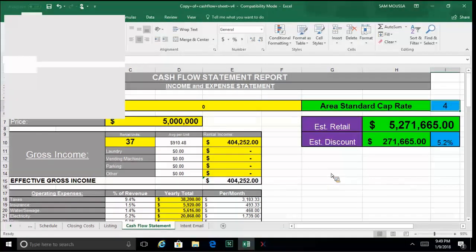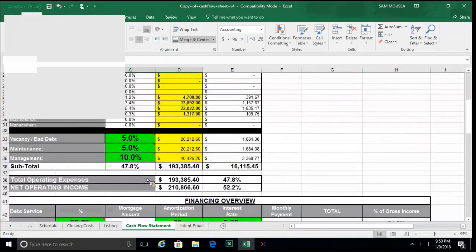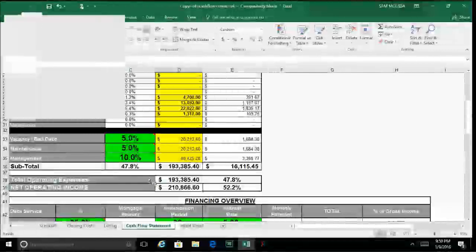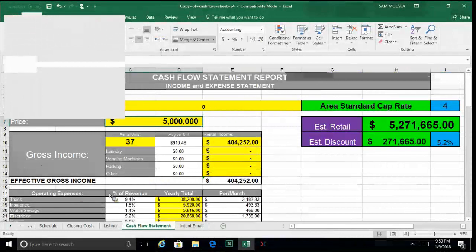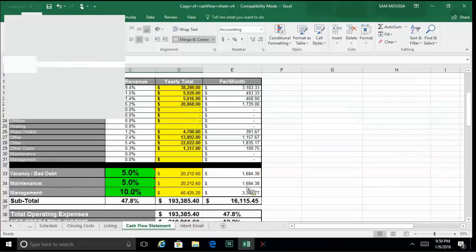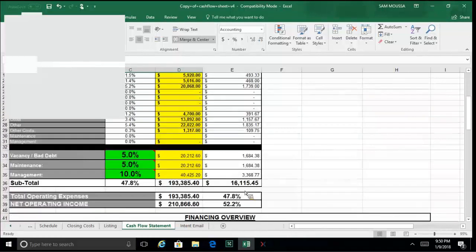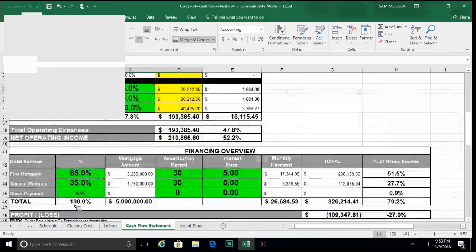So when you see a 4 cap rate, basically it's saying that for this net operating income of $210,000, people are going to pay $5 million for that. Which, when we look at it, really this property isn't making any money at all, right?